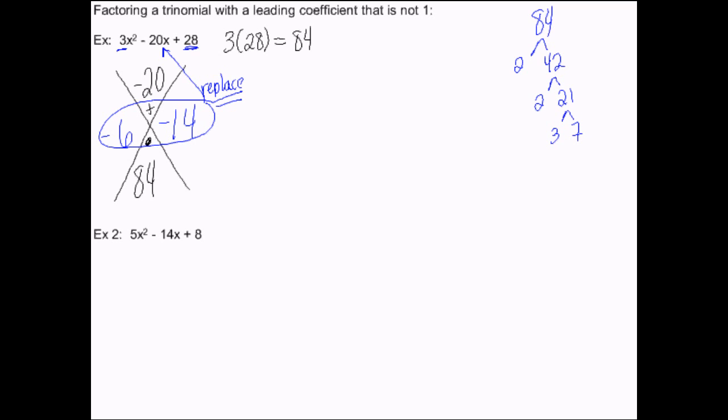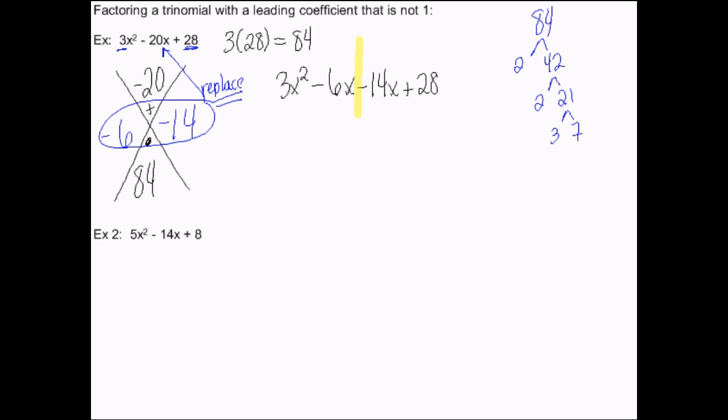And instead of having 3x squared minus 20x, I have 3x squared minus 6x minus 14x. And, well, I'm going to, in just a sec, factor by grouping.